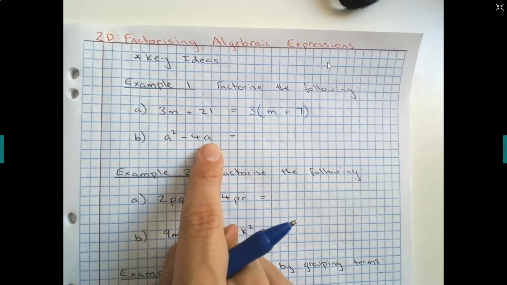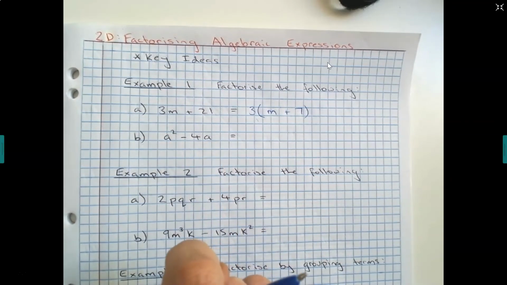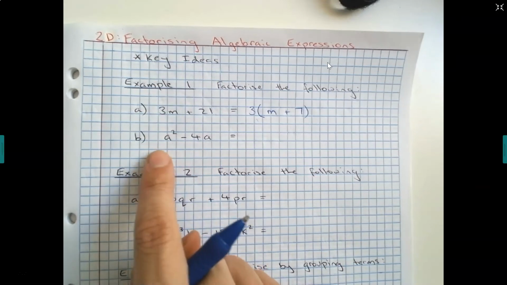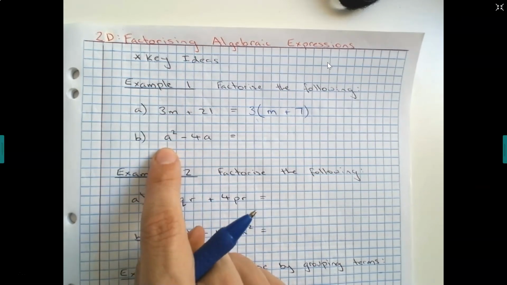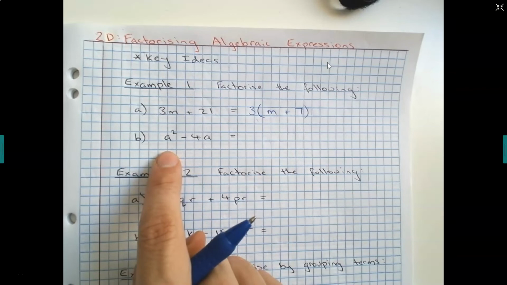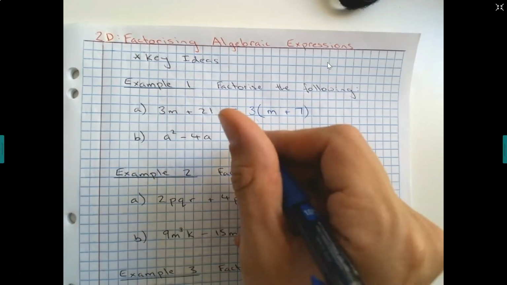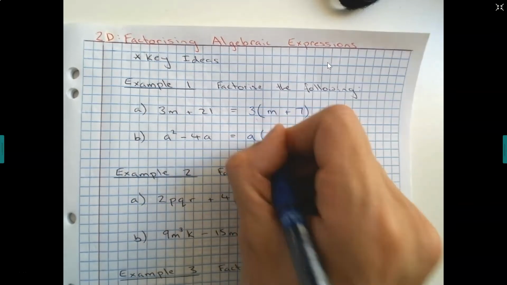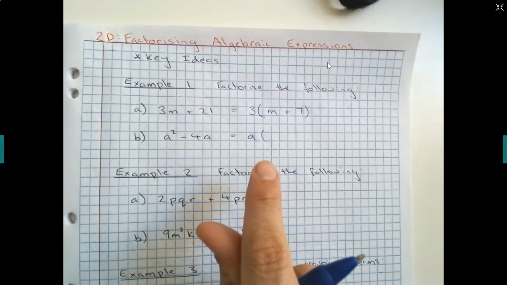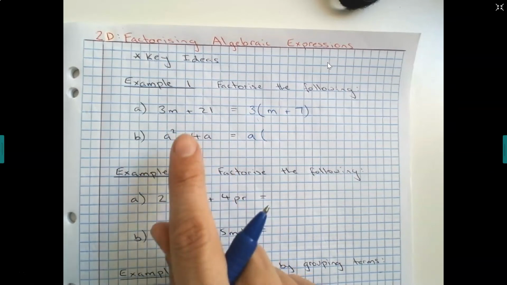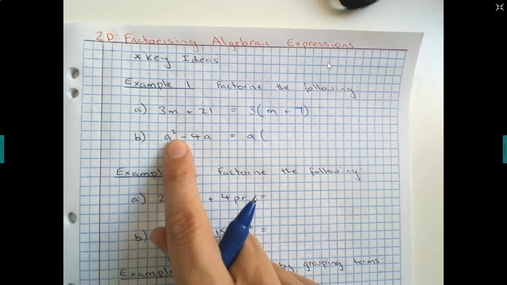a squared minus 4a, I'm looking for the highest common factor. The highest common factor between these two terms is a. a is represented in both of the terms. Therefore, a is going to be on the outside of my bracket. What do I have to multiply a by to get a squared?